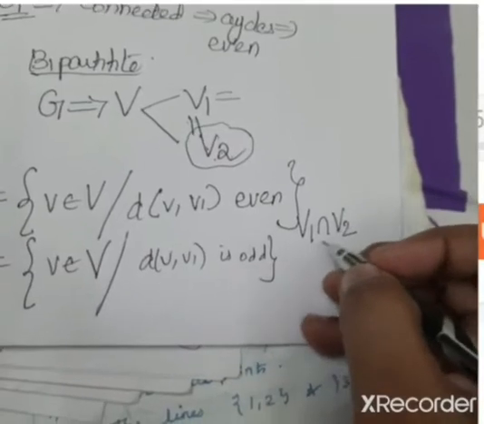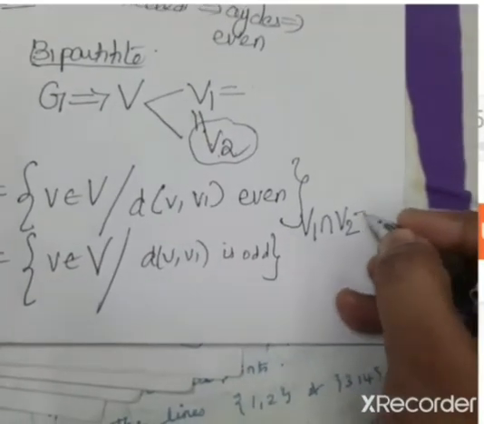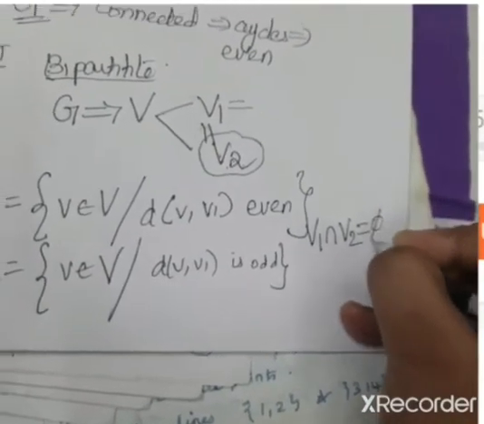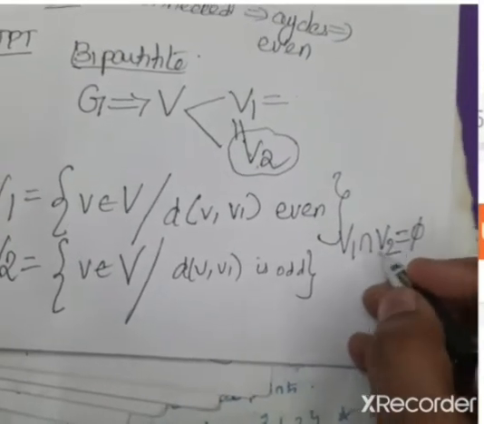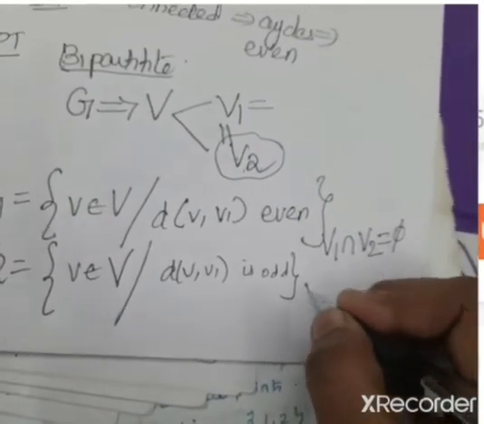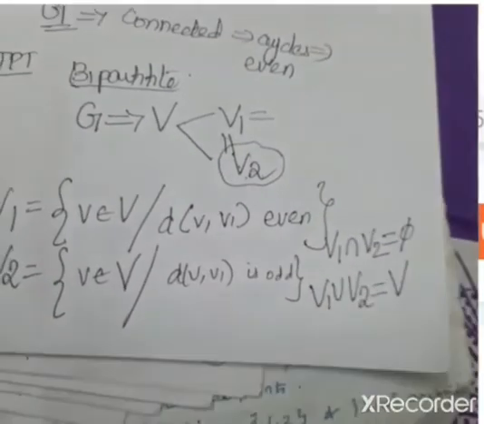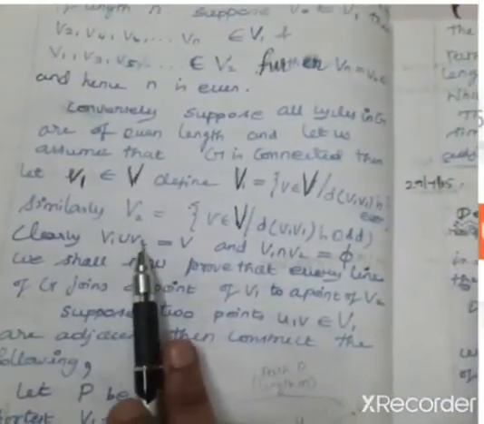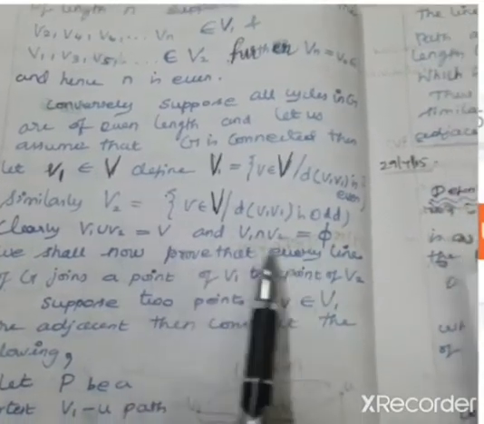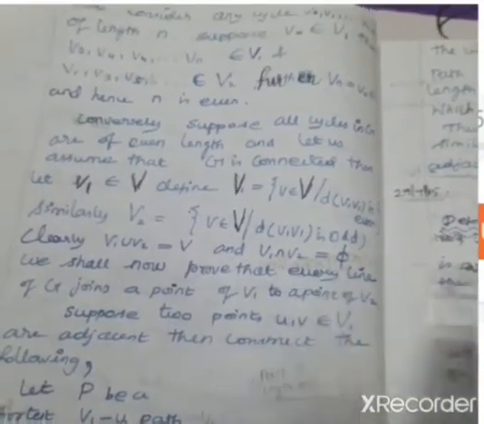So V1 intersection V2 will definitely be empty, because there are no common elements between V1 and V2. As such, V1 union V2 will be nothing but the entire set V. So in this case, clearly V1 union V2 is V and V1 intersection V2 is empty.